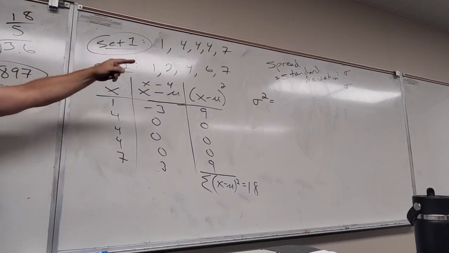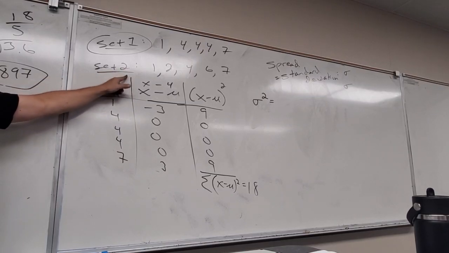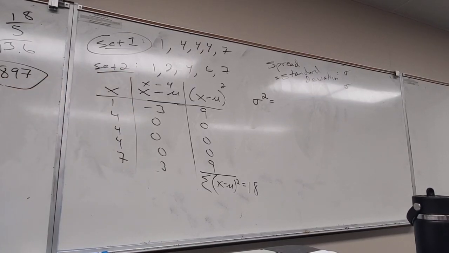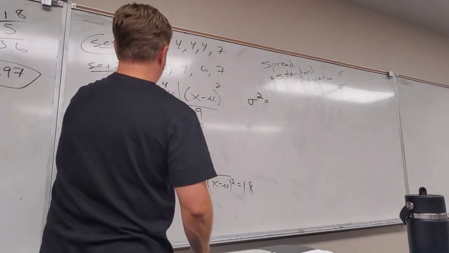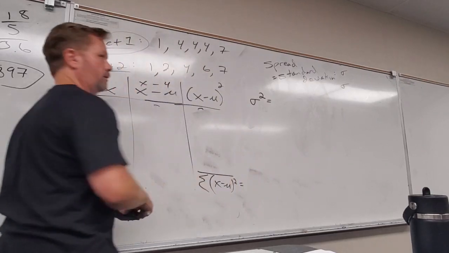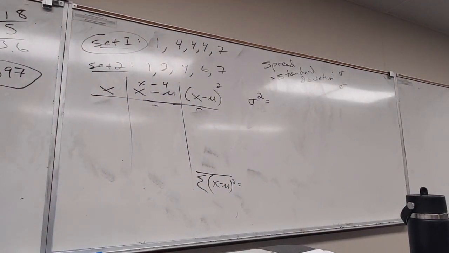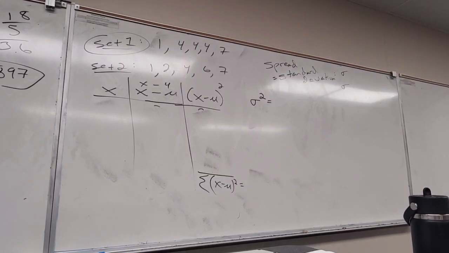So the thing that measures how spread out it is should be bigger for set 2. So go ahead, try it. I'll give you a little light at the end of the tunnel. As soon as we're done with this, we'll call it a day. Go for it.